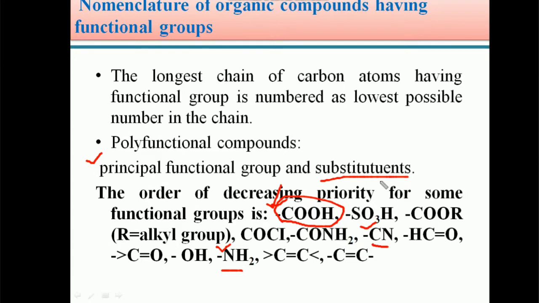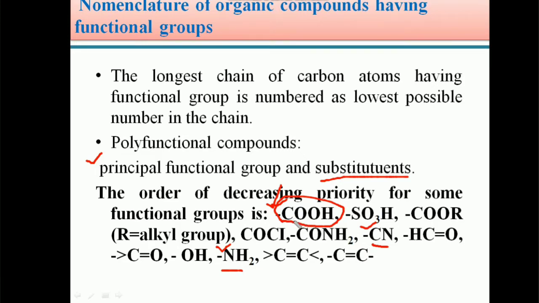So students, this is very important. Note that in polyfunctional compounds, the functional groups present are classified as a principal functional group and substituents. This classification is based on this priority order. Here the decreasing priority order is given.